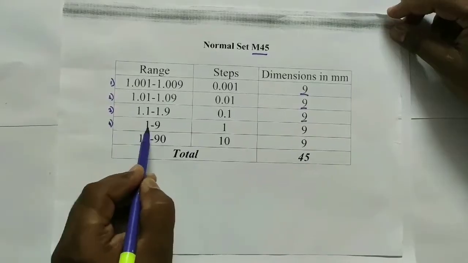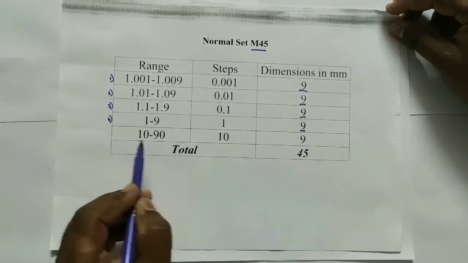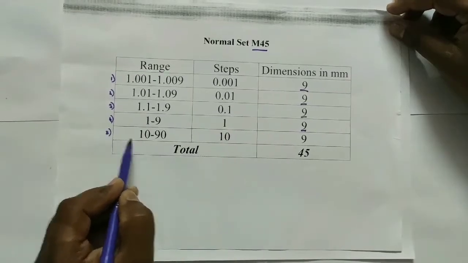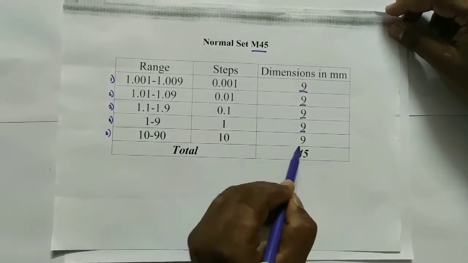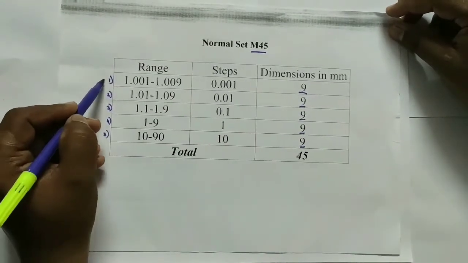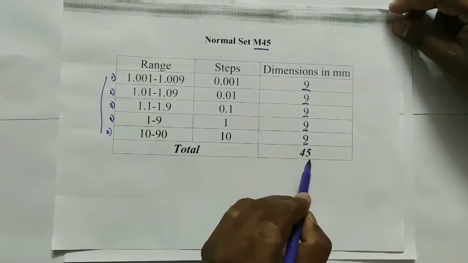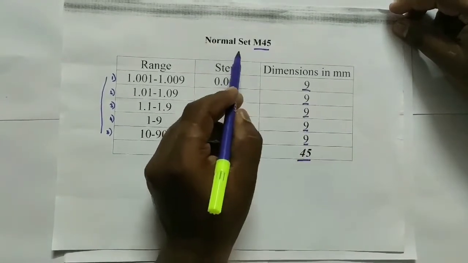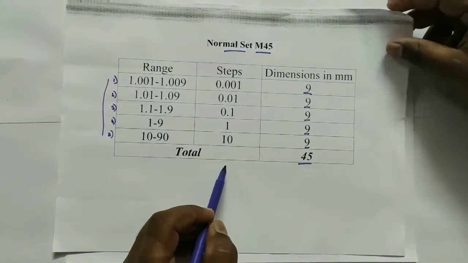Fourth, 1 to 9, in steps of 1, 9 slip gauges are available. And fifth, 10 to 90, in steps of 10, 9 slip gauges are available. So in each of these 5 ranges 9 slip gauges are available, and in total in this normal set we have 45 slip gauges.